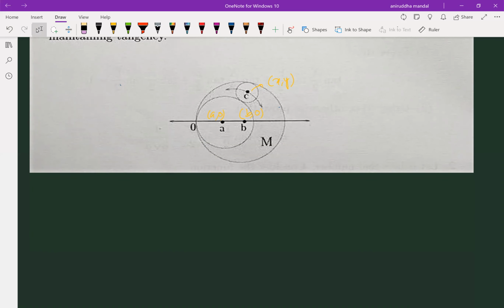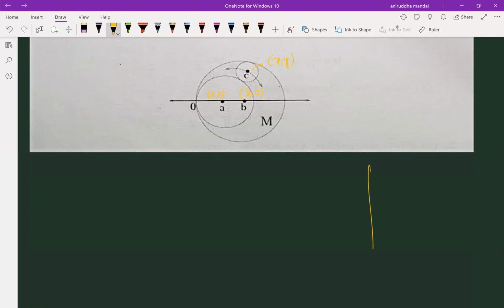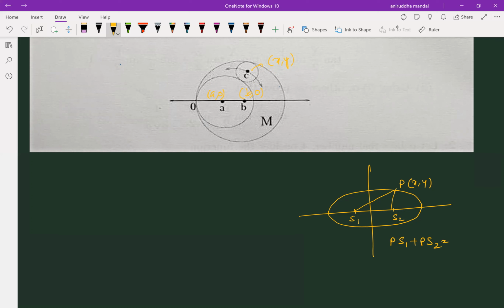What we can do here is generalize the standard form of the ellipse, in which the variable point P, let's say x and y, and there are two fixed points known as the foci of the ellipse, such that the sum of the distances PS1 plus PS2 is a constant.